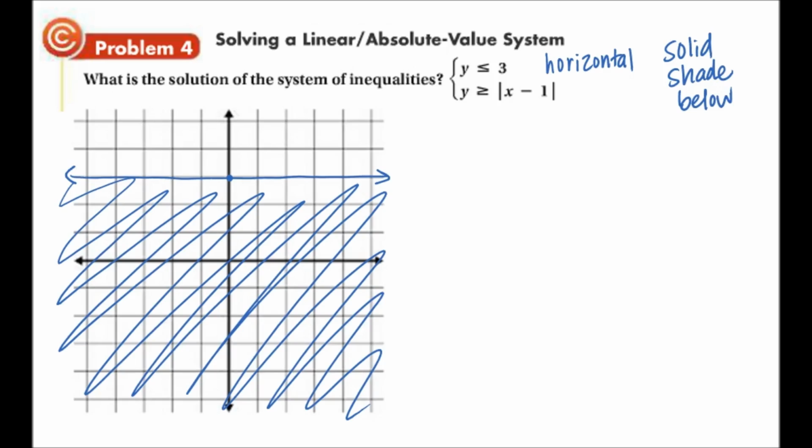For the absolute value inequality, we know that it's also going to be a solid boundary line. Remember, absolute values look like a V or an upside down V. This will be a V opening up because the a, or the leading coefficient, is an invisible positive 1. And hopefully you remember from last chapter that when a number is inside the absolute value, such as x minus 1, we are going to be going to the right one.